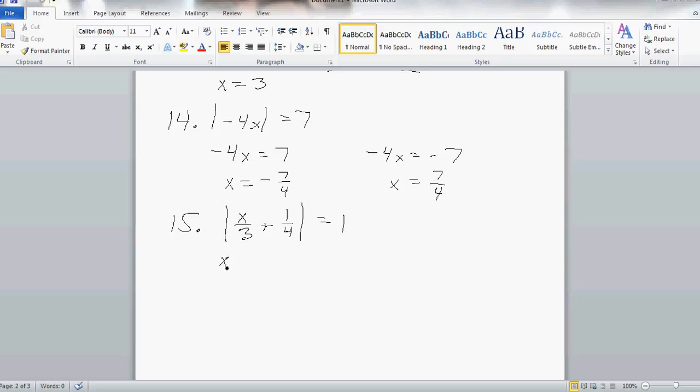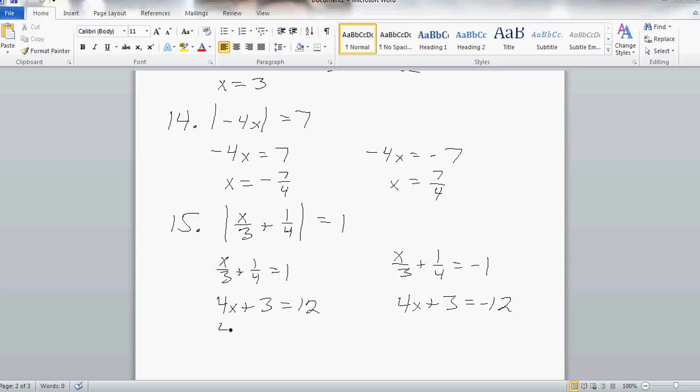So we get x over 3 plus 1/4 equals 1, or x over 3 plus 1/4 equals -1. And just like when we had fractions, we're going to multiply through everything by 12. So we get 4x plus 3 equals 12, and 4x plus 3 equals -12.